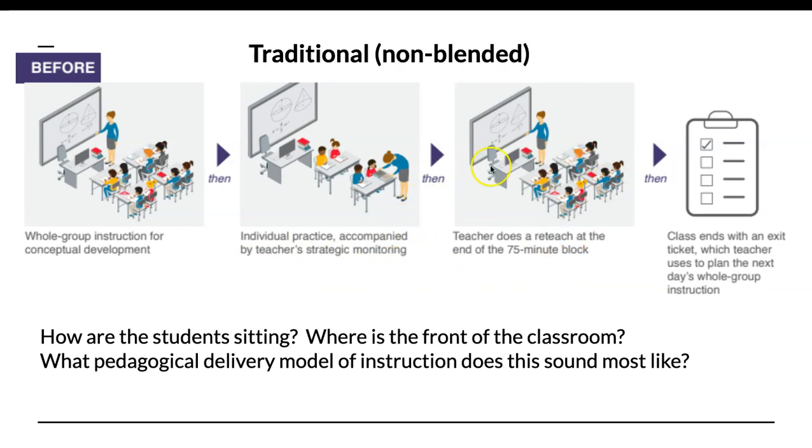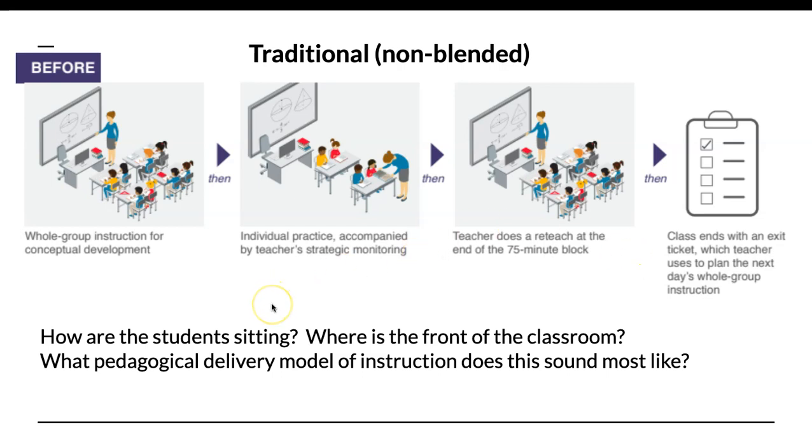And then at the end, there's probably a catch moment where the teacher does a reteach, sees where they're at, maybe emphasizes or summarizes a point. And the day will end with some kind of exit ticket where the teacher will use that information to plan the next day's whole group instruction. A pretty solid, pedagogically speaking, instructionally sound piece of traditional classroom work.